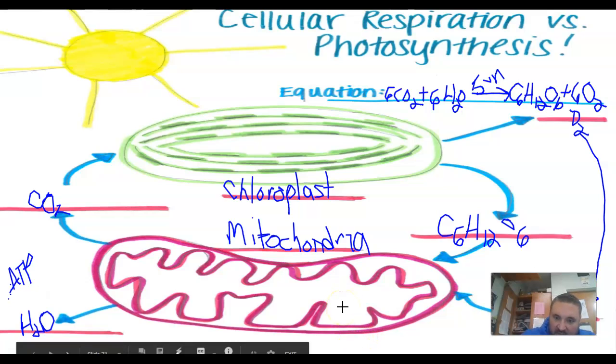Then the equation, which is cut off a little bit by this screen, is glucose, C6H12O6 plus 6 oxygens yields 6 CO2s plus 6 waters and lots of energy called ATP.